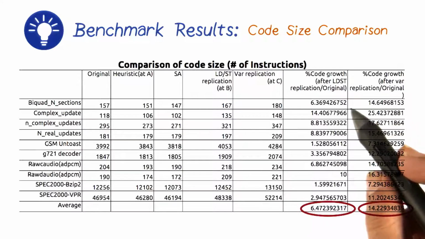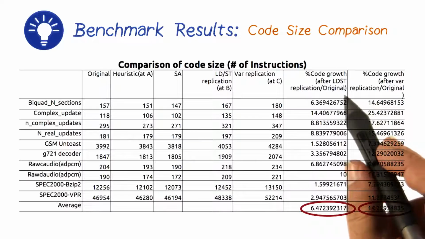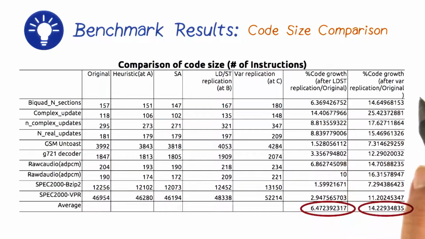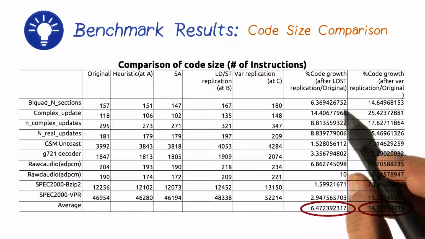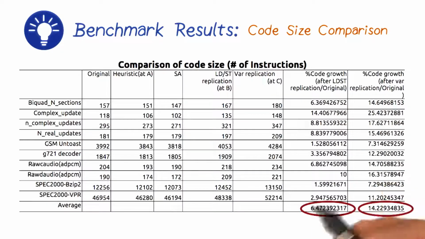So you can see that we have two types of measurements here. One is just by replicating instructions, and the second one is by replicating the variables as well after the instructions are replicated. If we just replicate the instructions without replicating the operands in different memories, the code growth is just 6%.